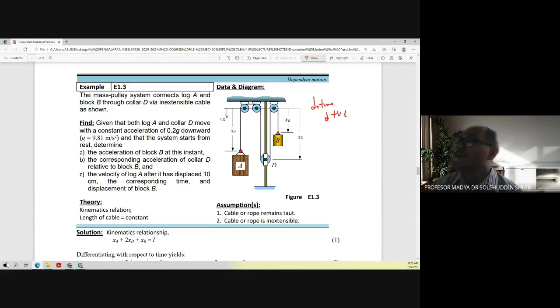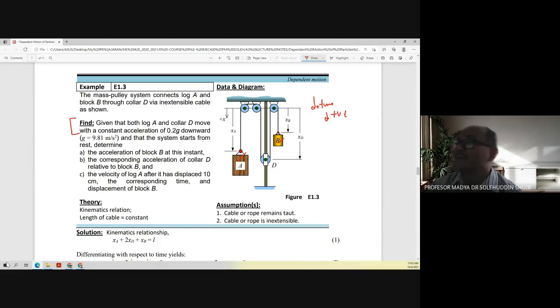We have block A and then we have block B, connected by an inextensible cable through collar D, as shown. So what is given here?